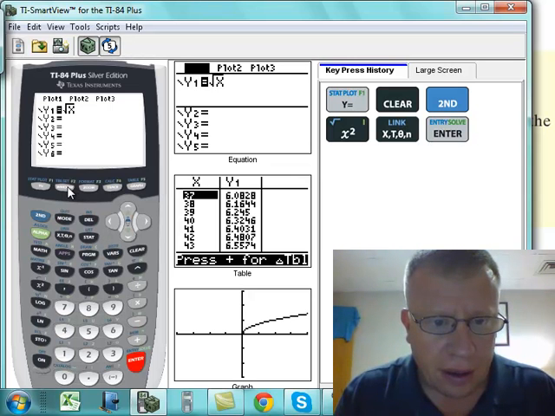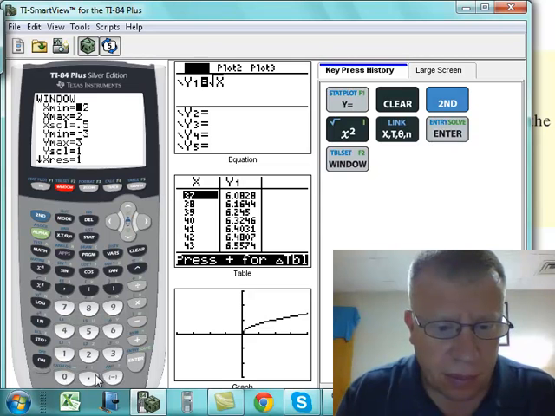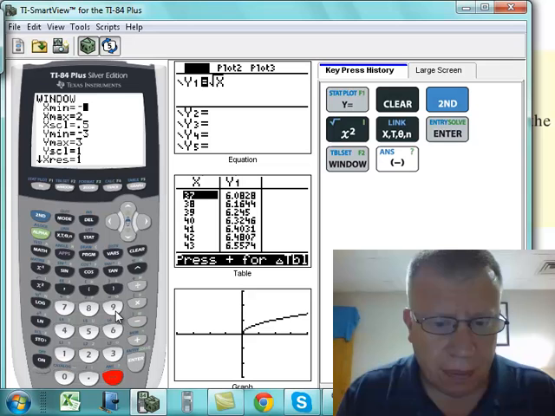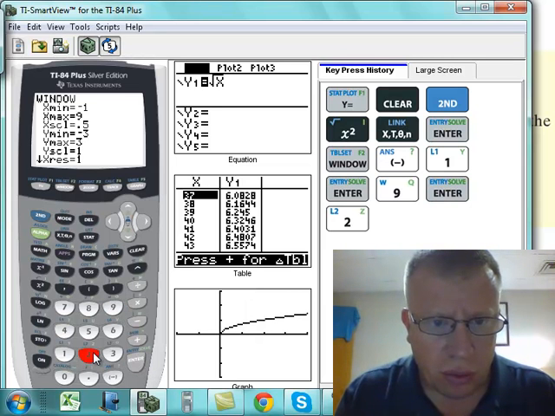Now on the viewing window, we could set x to go from -1, enter, to +9, enter, maybe by 2's.